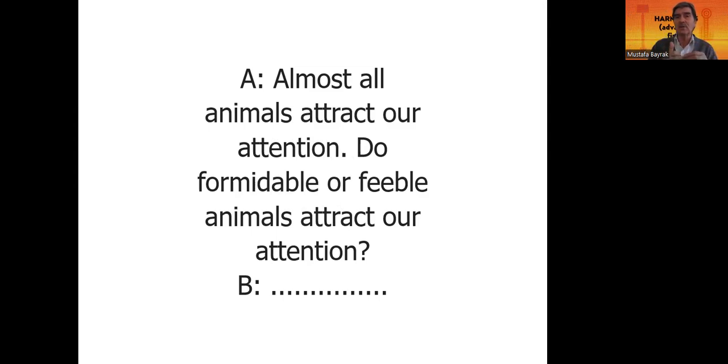For example, a formidable animal triggers feelings of fear, but a feeble animal triggers feelings of, for example, not fear but joy or compassion, something like this. Love, feelings of love, like, etc.